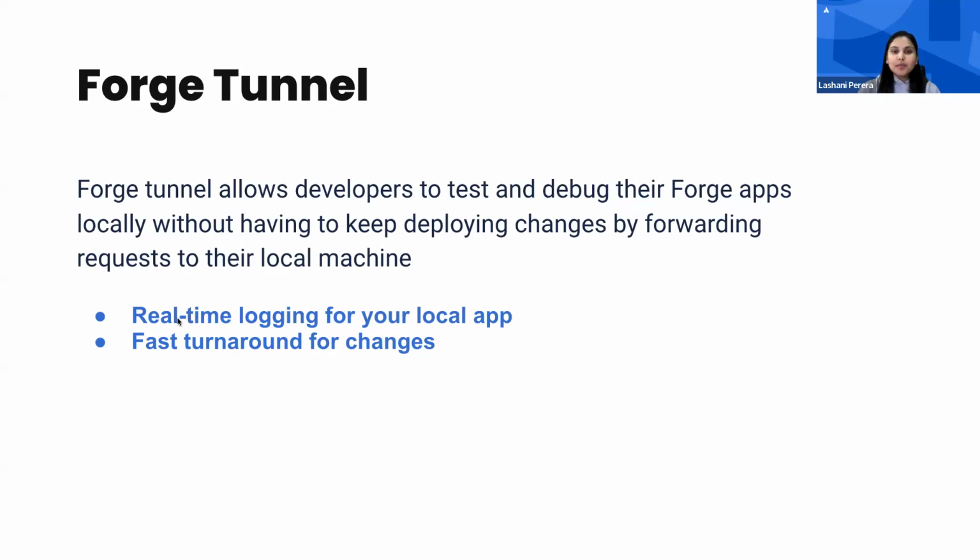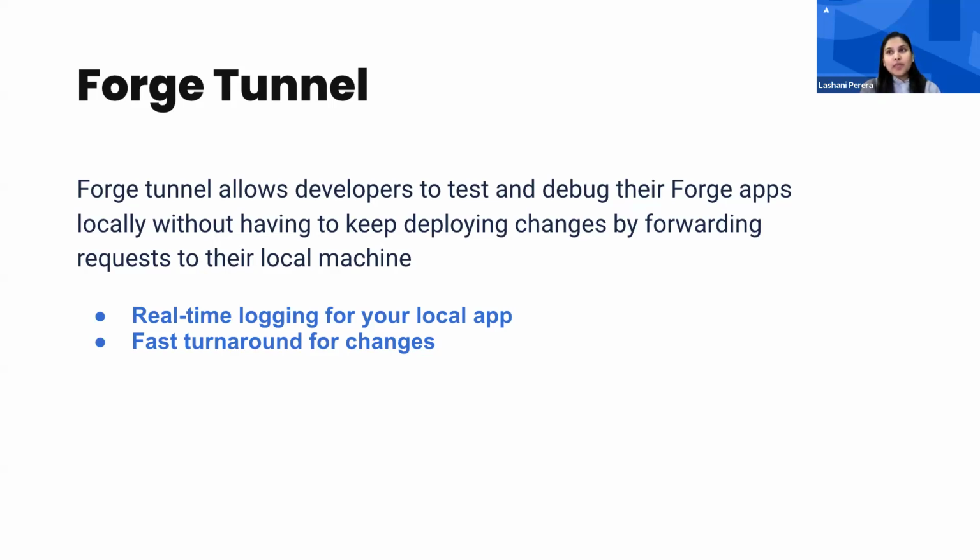How will tunnel help you? You can get real-time logging for your local app. By inserting console log statements in your code, you can see the output in the Forge CLI as the code executes. Another note is that console logs only function within the backend code, not within the front-end code.